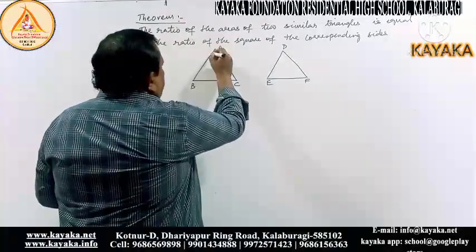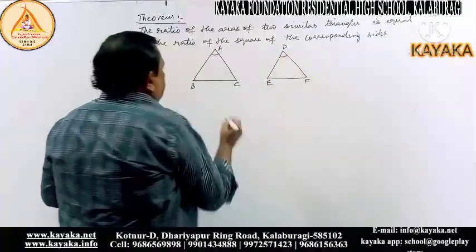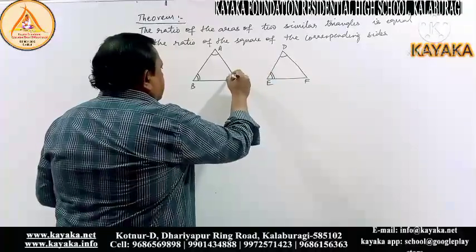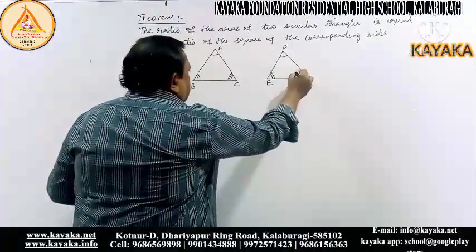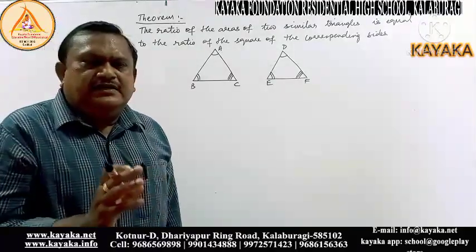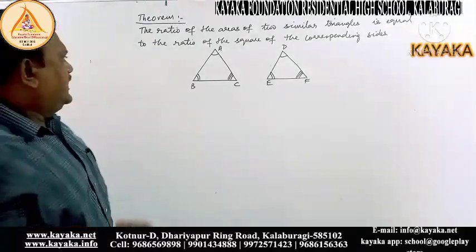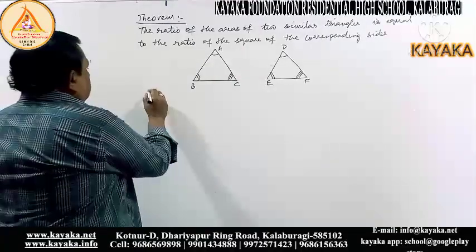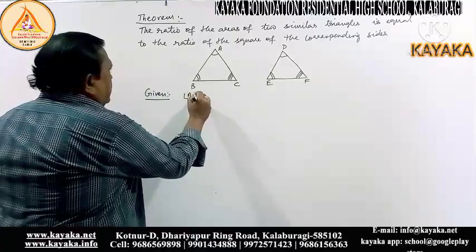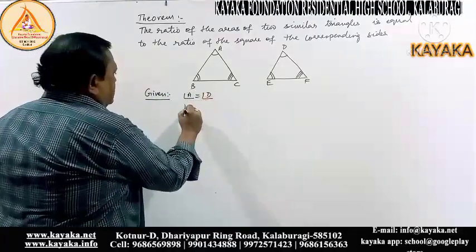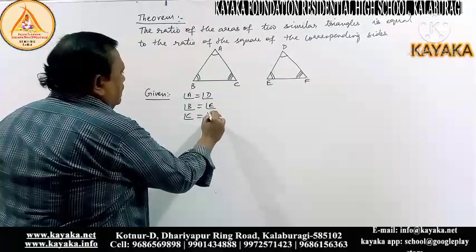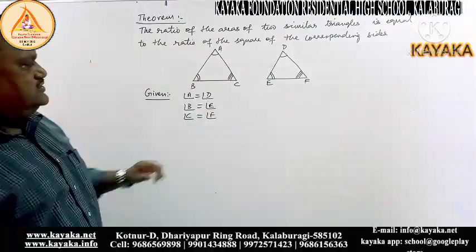Similar triangles means angle A equals angle D, angle B equals angle E, angle C equals angle F. It is given. And the corresponding sides are proportional. That is also given. First I will start with the given: angle A equals angle D, angle B equals angle E, angle C equals angle F.